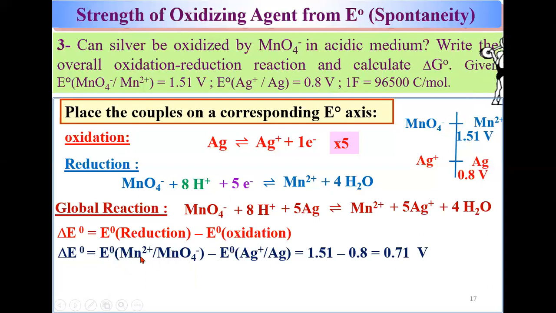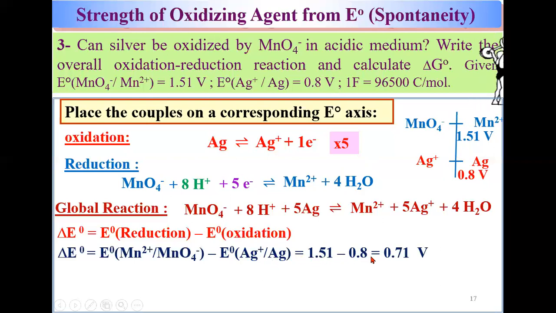Just E naught Mn, E naught Ag. Officially you should write it like that, that's by convention, but on an exam, just put E naught Mn minus E naught Ag, and put the E naught for the couples, ox divided by red.